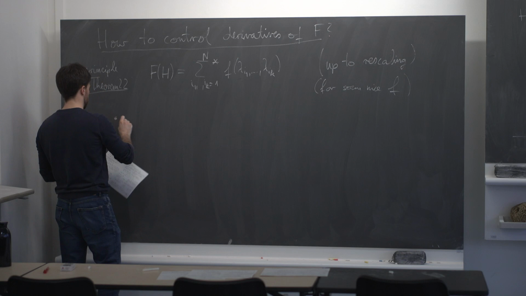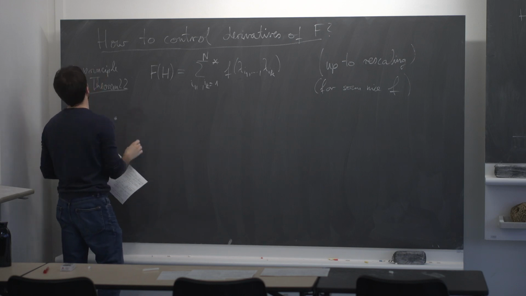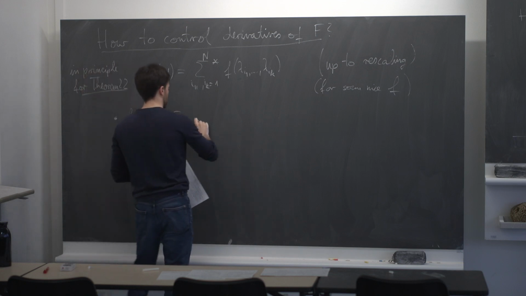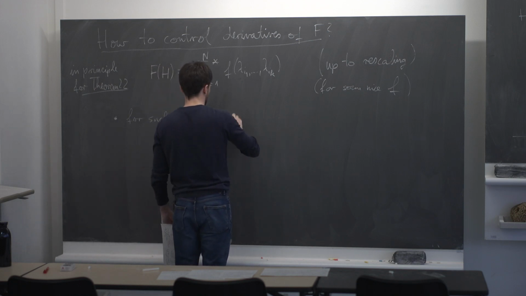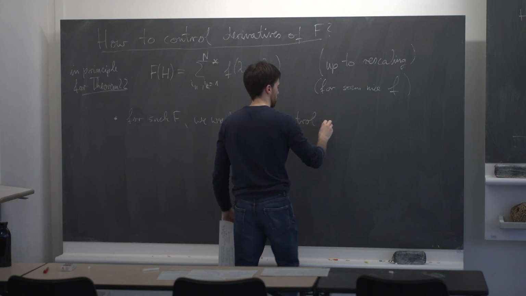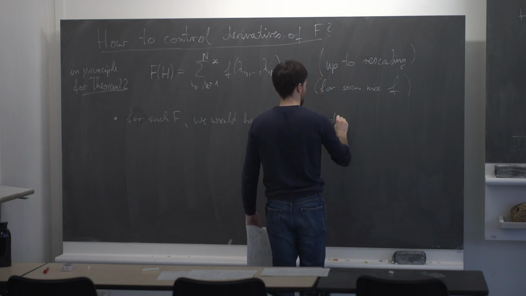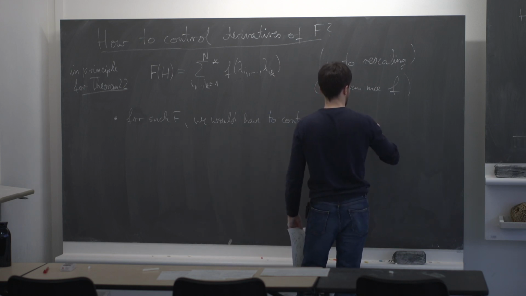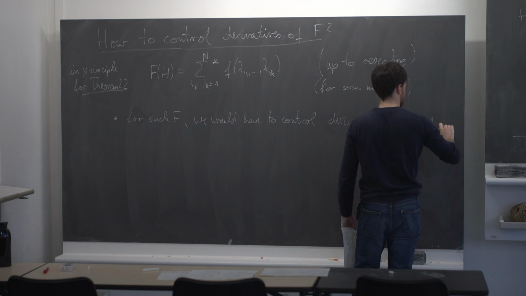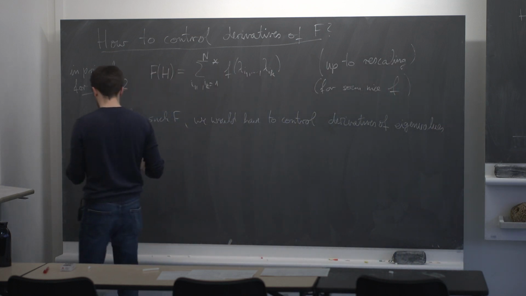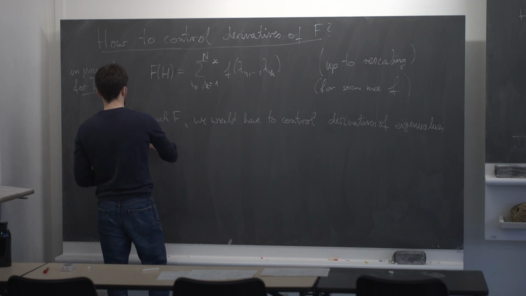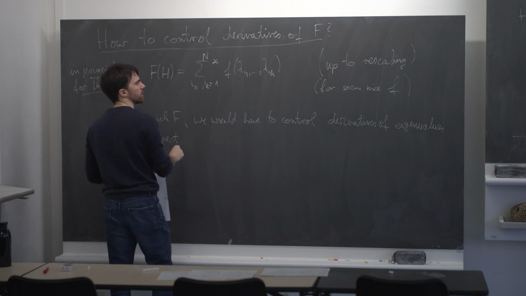So maybe I remark this first. How to control, for such f, we would have to control derivatives of eigenvalues, when I differentiate with respect to entries, because that's what we changed up there.